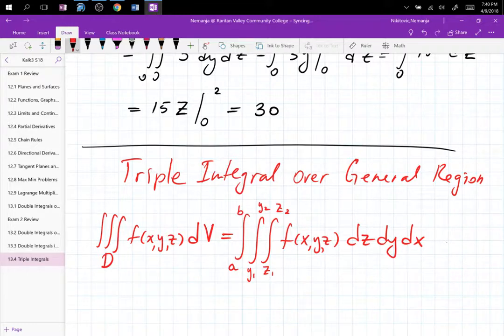We know that the outer integral must have a and b to compute the number, which is the volume at the end, like 30, whatever number. So we have to have the numbers on the first integral.